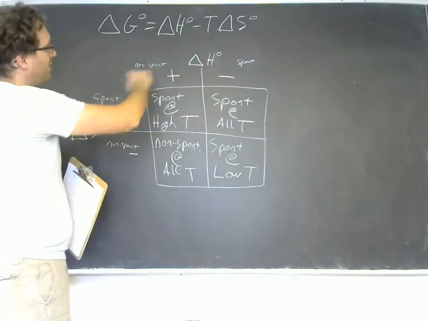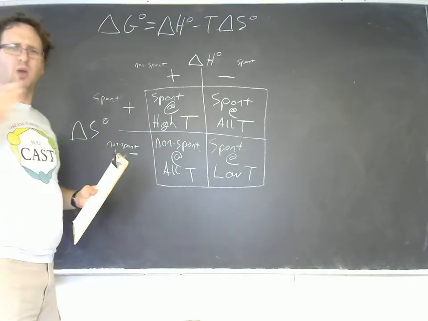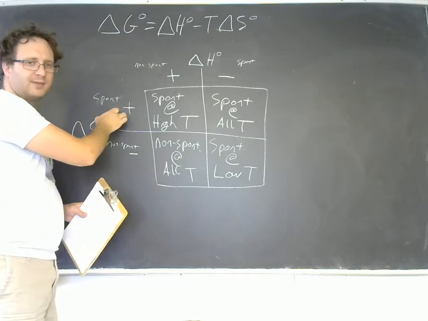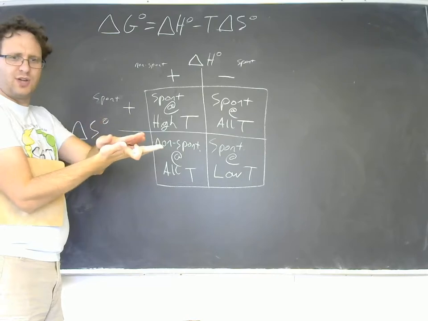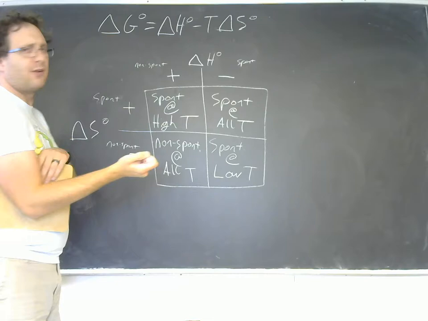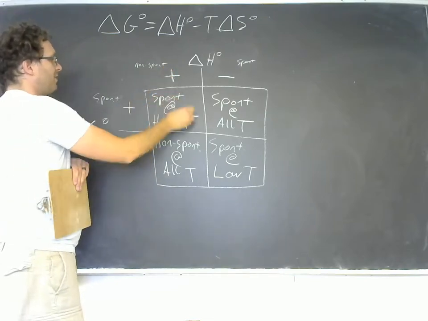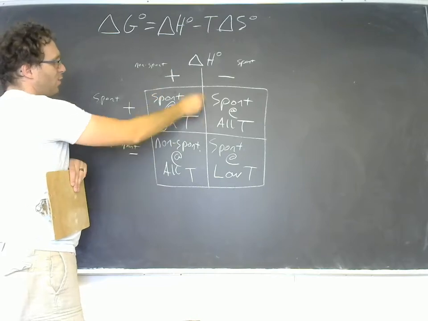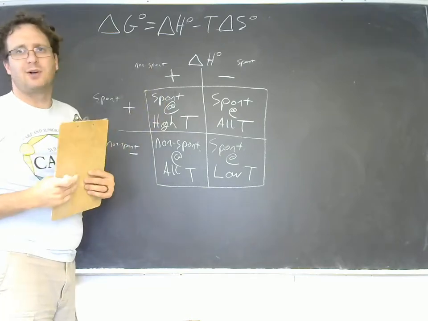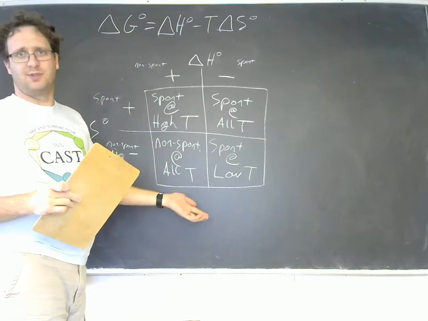And now let's think about the energetics and the entropy of ice melting. Well, when you go from a solid to a liquid, that's a positive delta S. And ice melting, it feels cold on my hand because the ice is taking heat away from its surroundings. It's an endothermic process for ice to melt. And so that's a positive delta H. So ice melting lives in this corner. And I think everybody by the time they reach 3 years old knows that ice melts at high temperatures and that ice won't melt at low temperatures if you get sufficiently low.